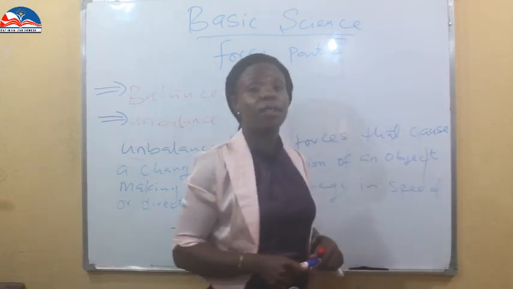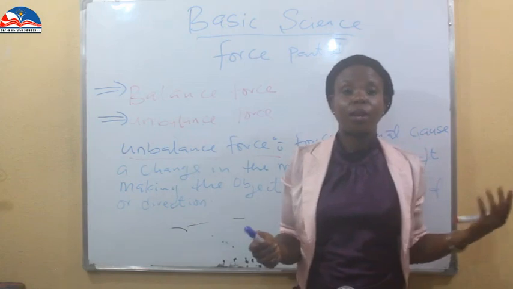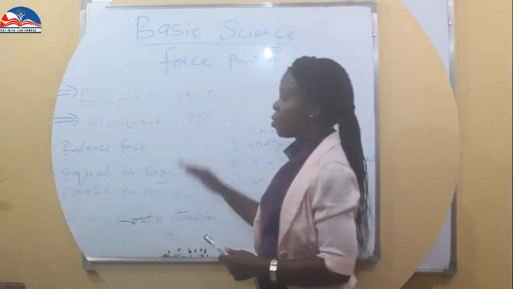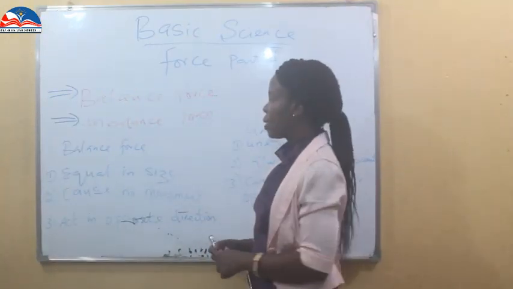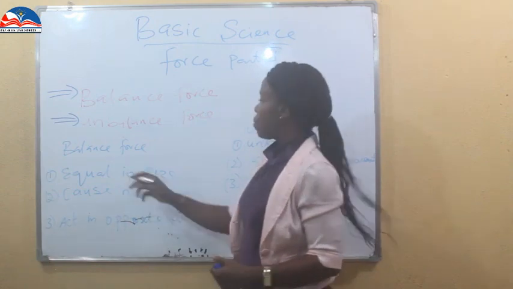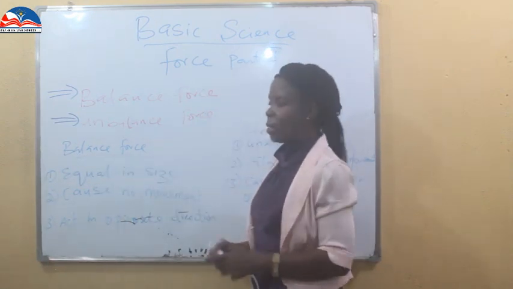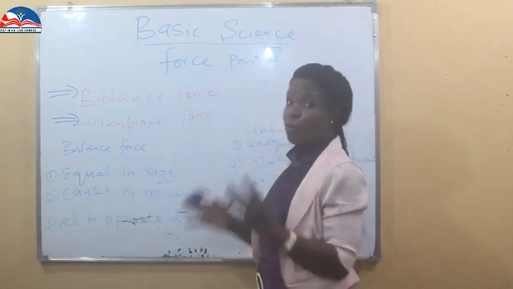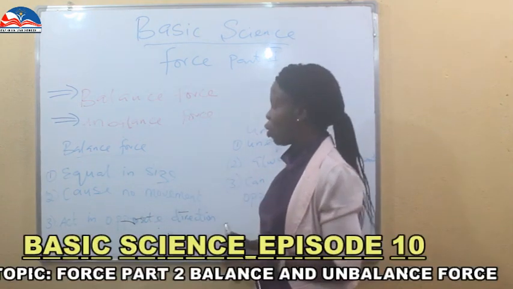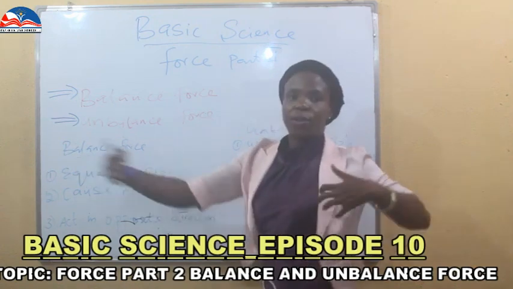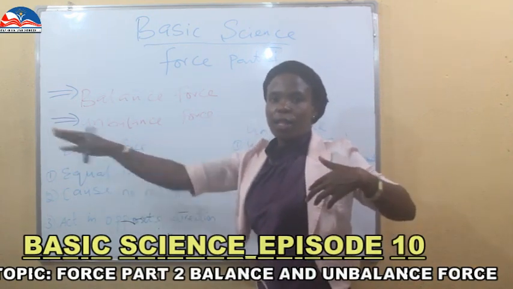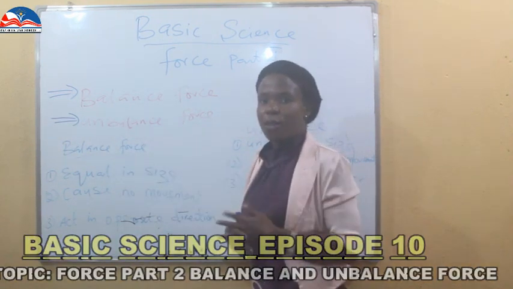So class, we've seen what balanced force and unbalanced force are. Let me use this summary to wrap up the class. Balanced forces: one, they are equal in size. Two, they cause no movement, they are in a fixed position and act in opposite directions. The drag on this side is 5 Newton, the drag on this side is 5 Newton.